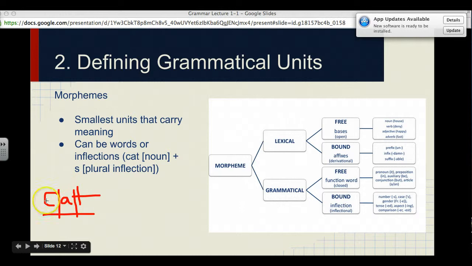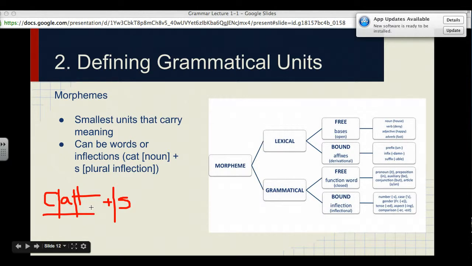We can have morphemes that are entire words, and we can also have morphemes that are inflectional, meaning they are single or multiple phonemes that carry meaning but might not be able to stand alone. If we add an S to cat and make it cats, we know that S makes things plural. That S has meaning when it is attached to the end of a singular noun.